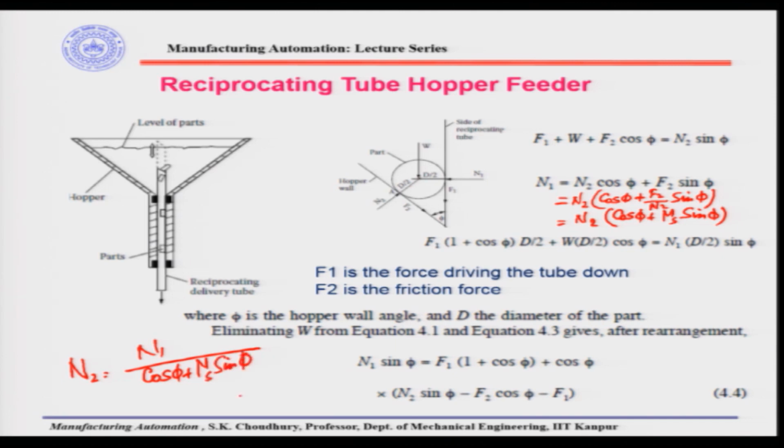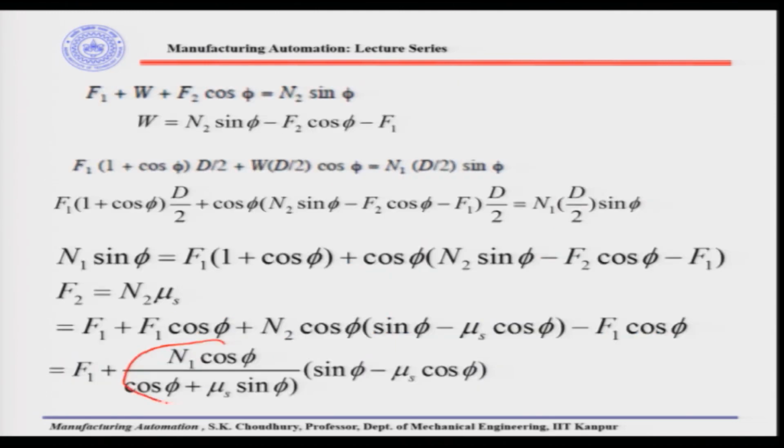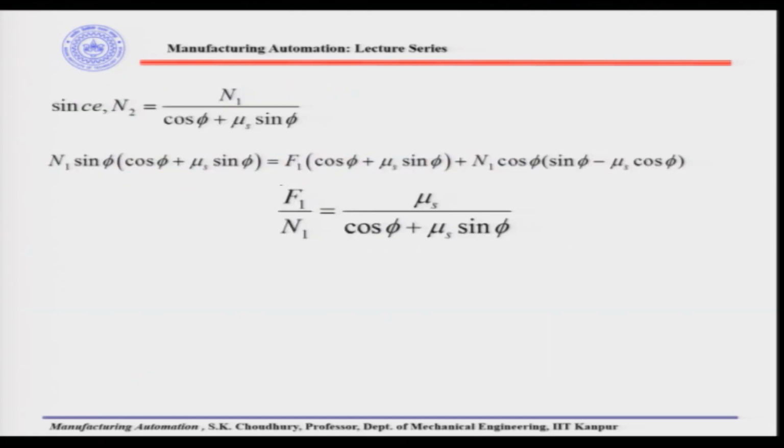Using this expression instead of N2, we finally get that F1 by N1 has to be equal to mu s, the static coefficient of friction, divided by cos phi plus mu s sin phi. This condition has to be satisfied so that the part is at the verge of jamming, because we are saying this is equal.